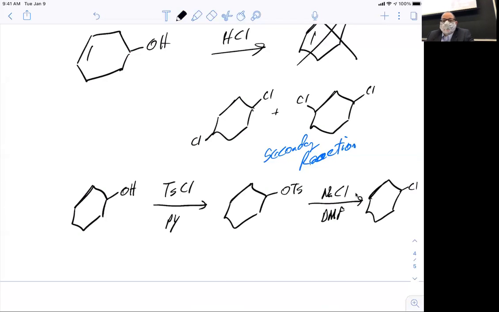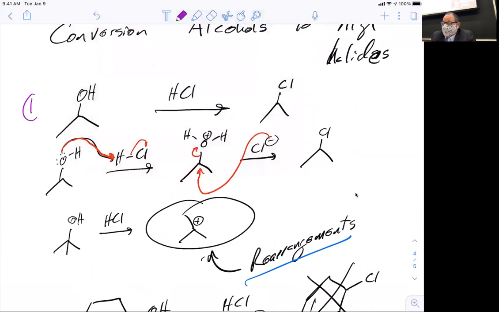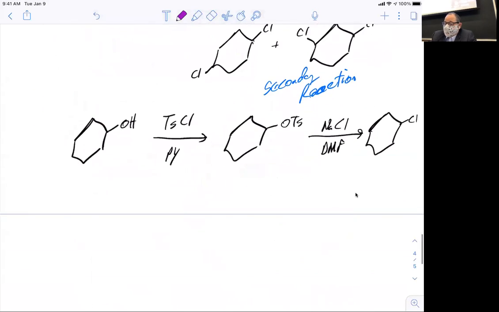Once we make the tosylate, we've got lots of different options. Okay, this is a two reaction process. So if we look at it, we have a few ways now already. So here's one, right? This one we've already seen. Two. We'll introduce a couple of new ones today.